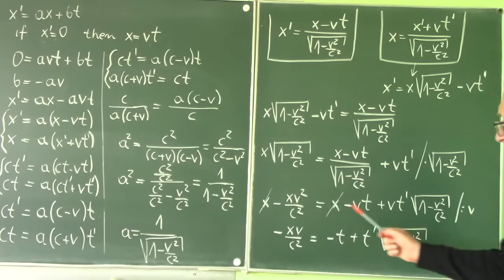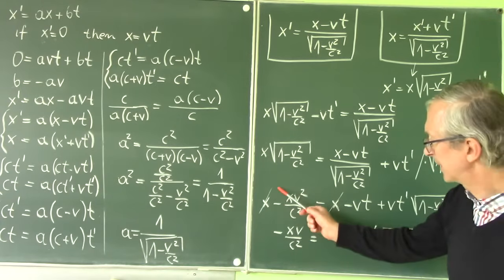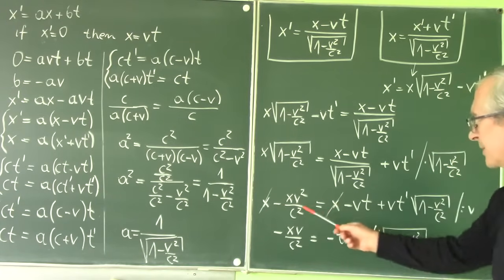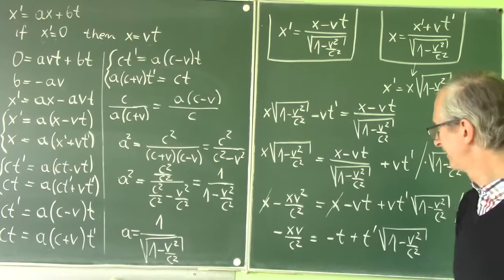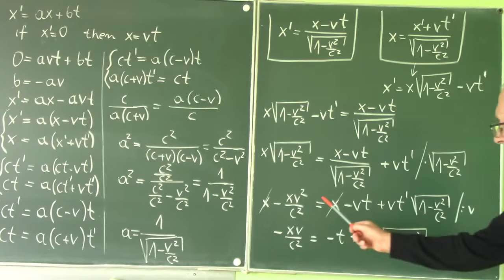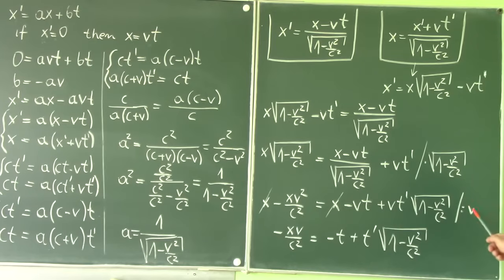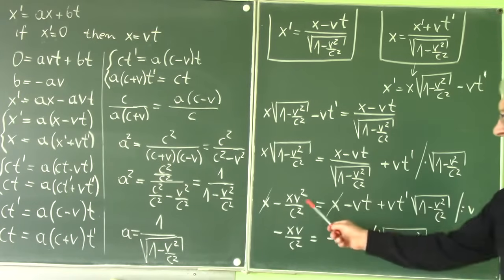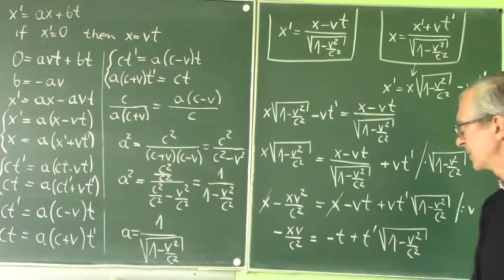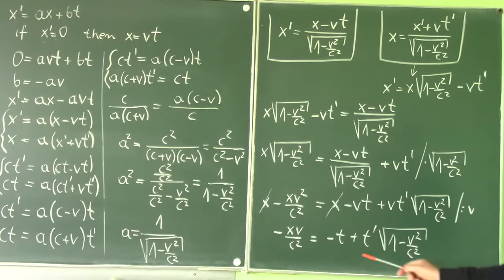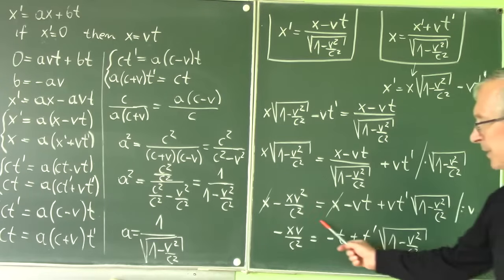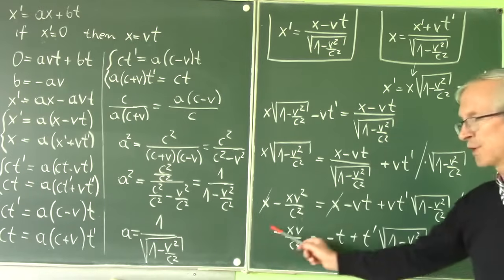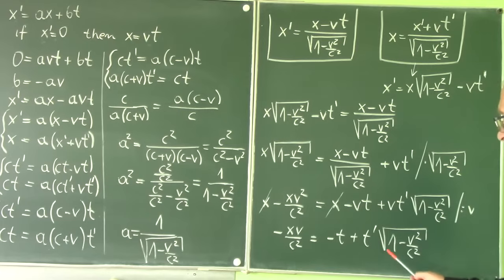Now we see that we can get rid of x, and if we divide both sides of this equation by v, we achieve such equation. Now it's enough to transform this equation and calculate t dash from it.